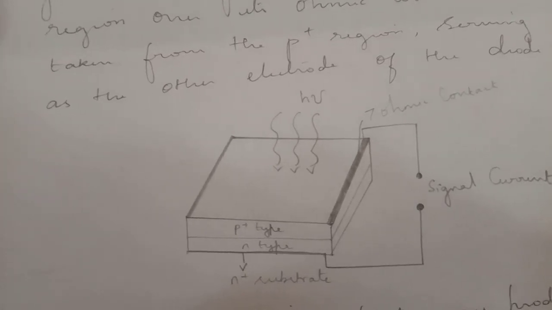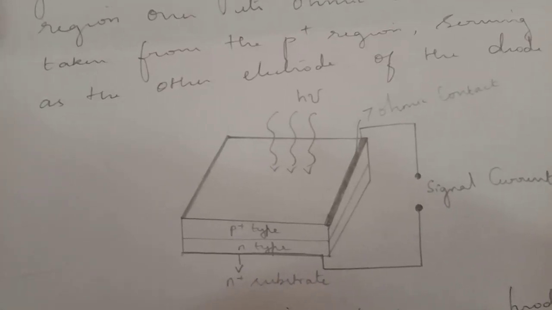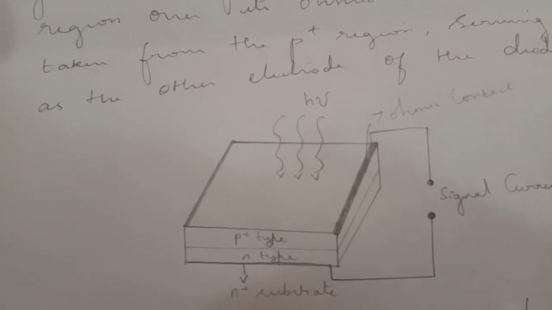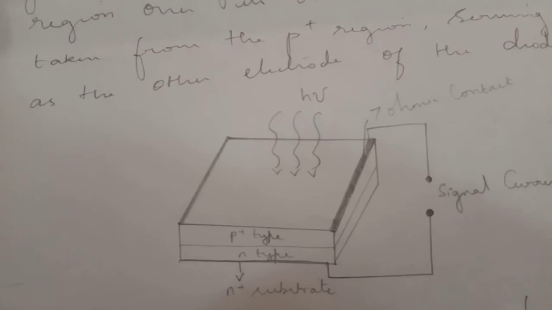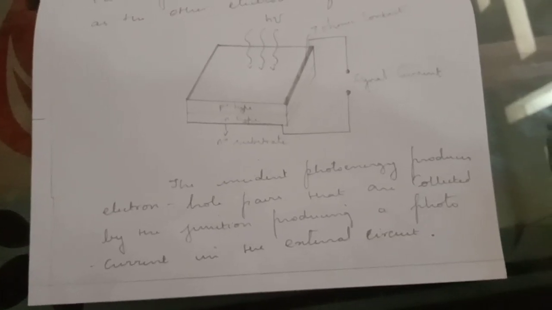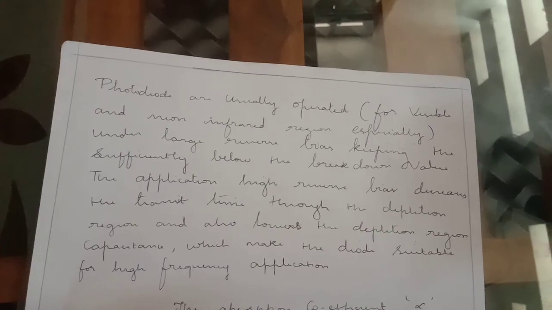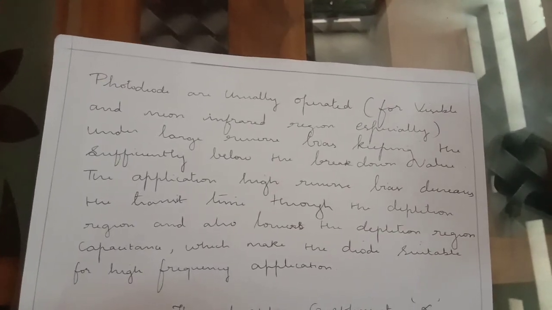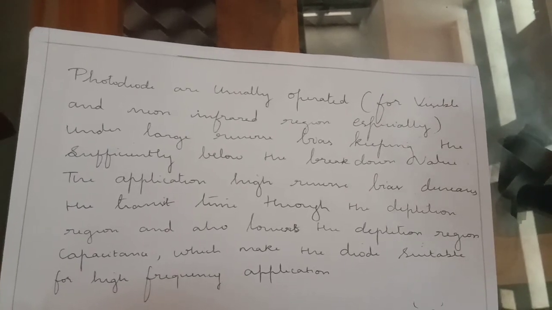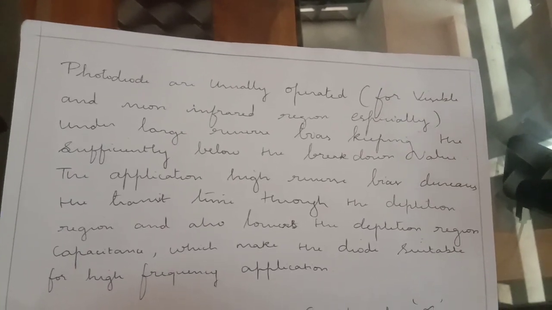This PN junction photodiode mainly works in reverse bias, that is, P type is connected to the negative terminal of the battery and the N type is connected to the positive terminal of the battery. For the visible and near infrared region, these photodiodes are usually operated under a high reverse bias, keeping the breakdown value very low.